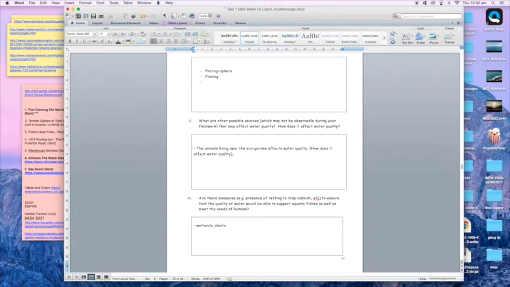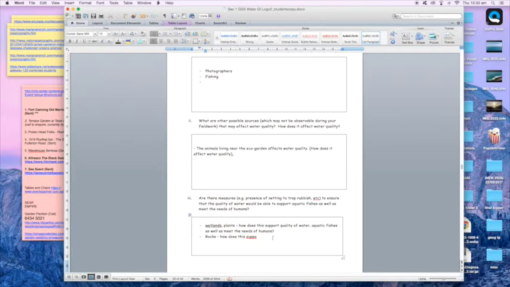Okay, for example, maybe you can see some wetlands, plants. Okay, and how does this support aquatic fishes as well as meet the needs of humans? Or you saw some rocks. How does this support quality of water?